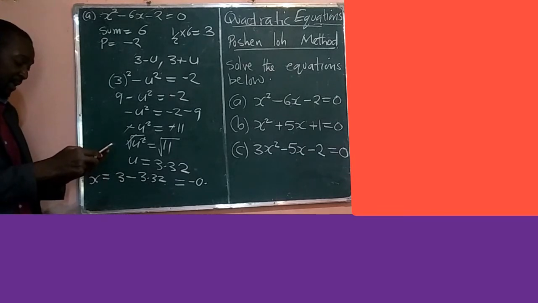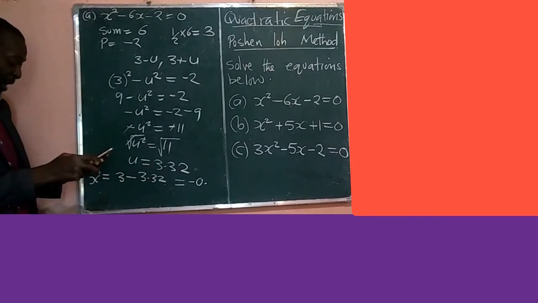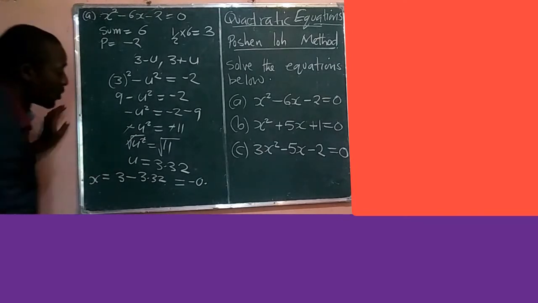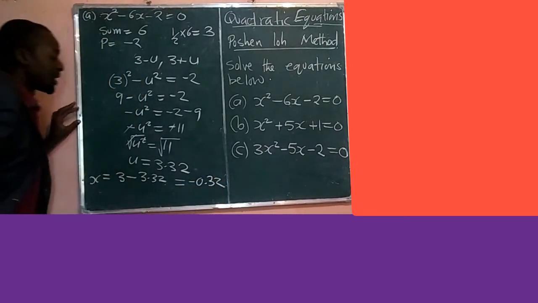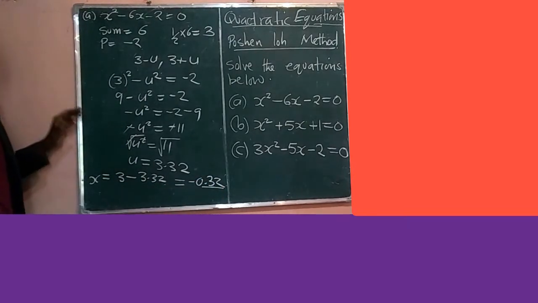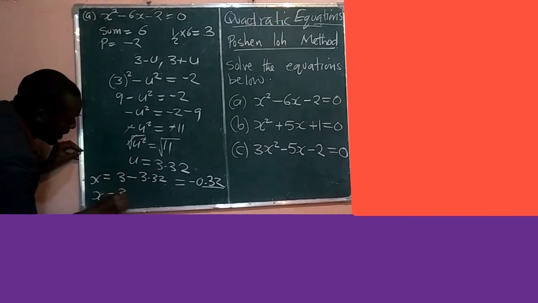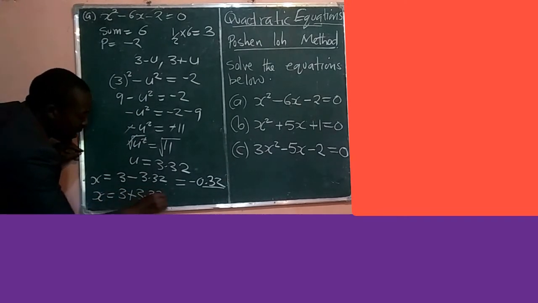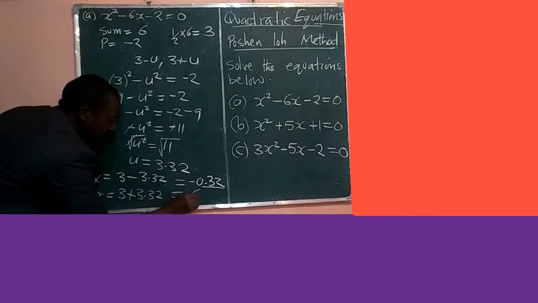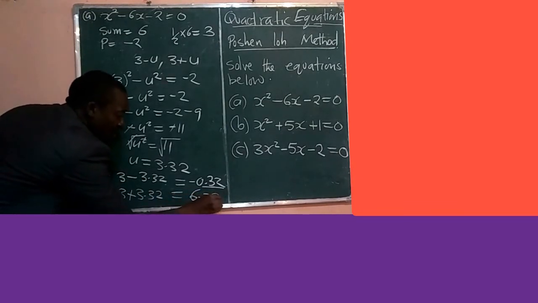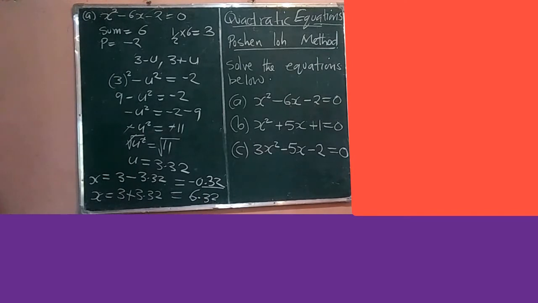When we subtract these two, we have 3 minus 3.32, which gives us negative 0.32. So this is our first solution. Then the other solution is given by this one here. We are going to have x is equal to 3 plus 3.32, which gives us 6.32. And so these are our solutions, and this is the portion law method.